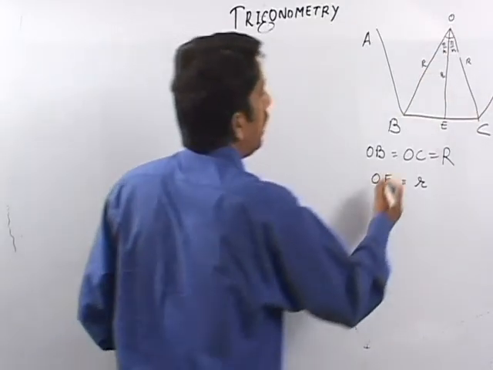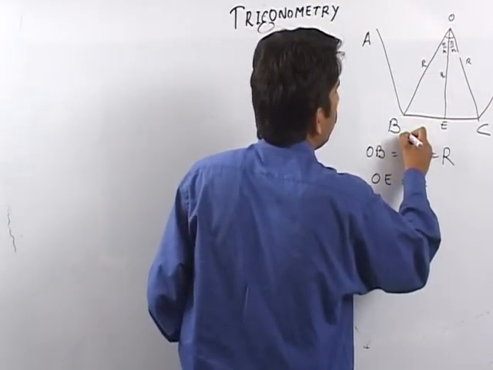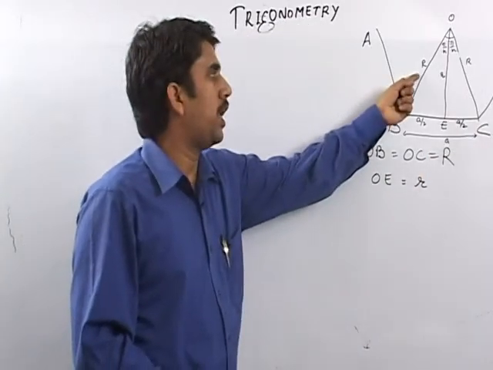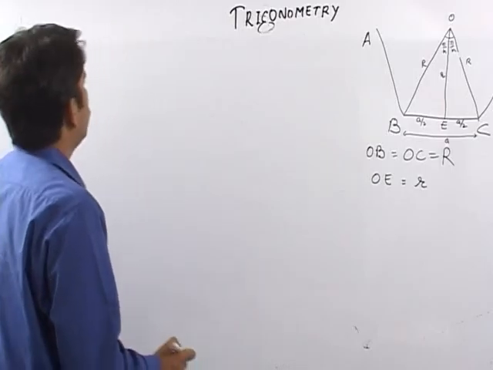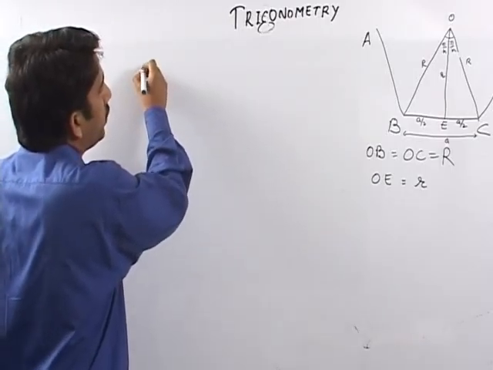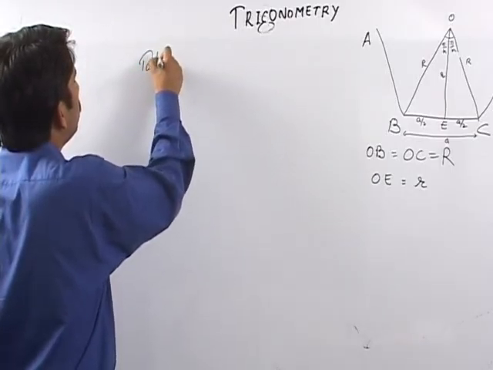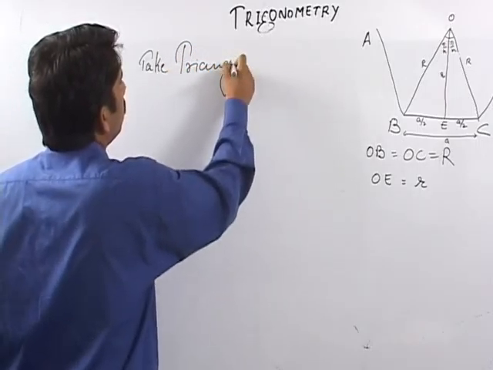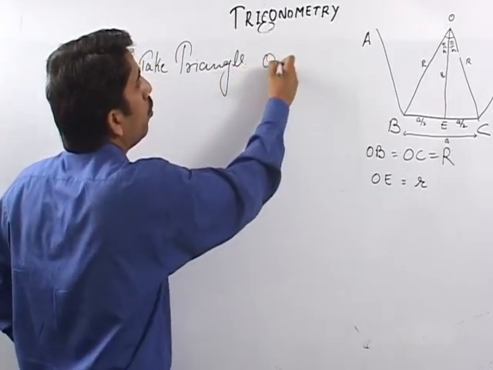Let its side be a. Since it bisects, this will be a by 2 and a by 2. Now to find capital R, that is the circumradius, you will take triangle OBE.